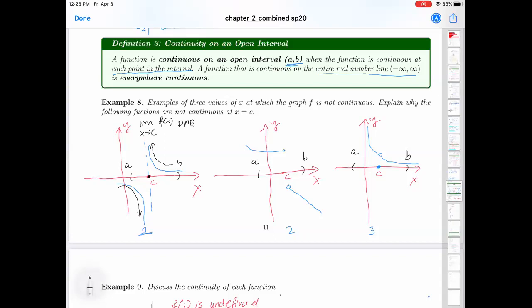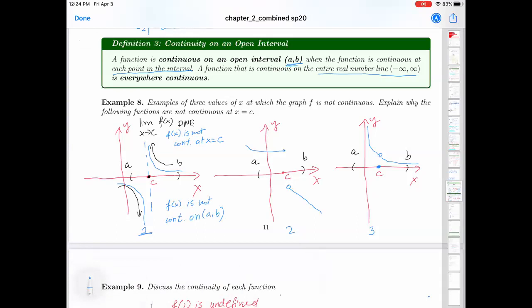That means this function f of x is not continuous on the open interval from a to b. All right, so go to the second graph.